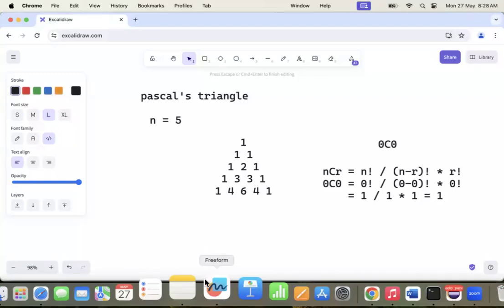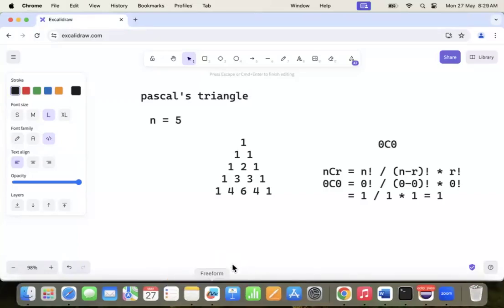Yes, good. 1 divided by 1 into 1 equals 1. Am I clear with you? Have you digested this? Good.